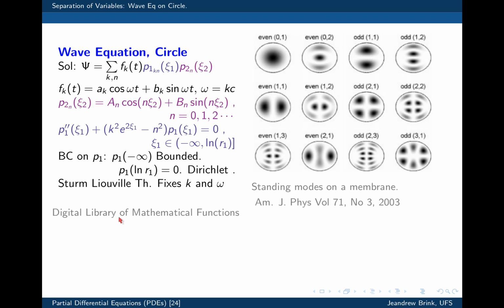It's no longer a book. It's now an online resource. It's totally free. It's called the Digital Library of Mathematical Functions. And it is held at NIST. So NIST is a governmental organization, a research organization in the United States.